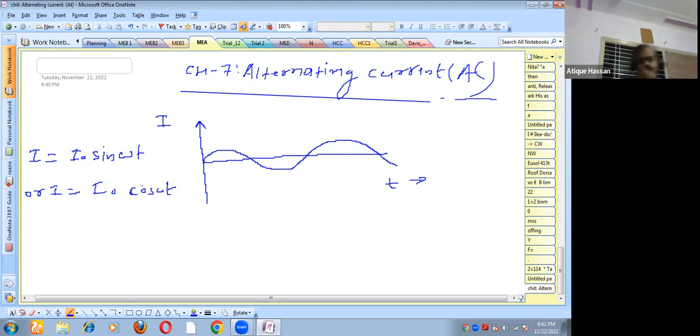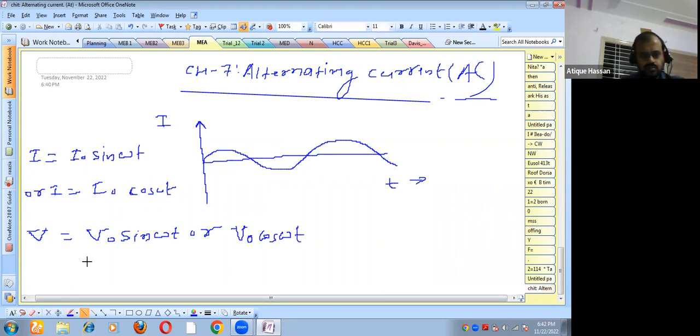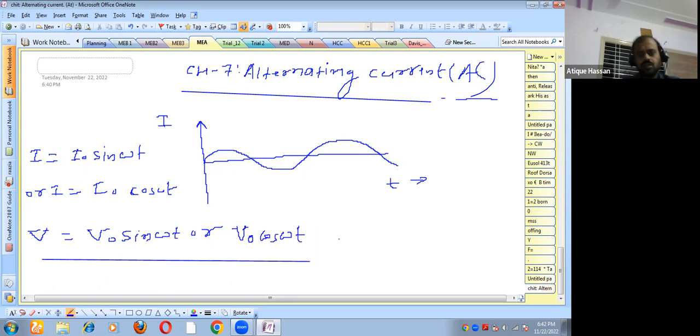We can also take alternating voltage. Alternating voltage can be represented like V is equal to V naught sine omega t, or V is equal to V naught cos omega t. So we can have that kind of equations for alternating current.